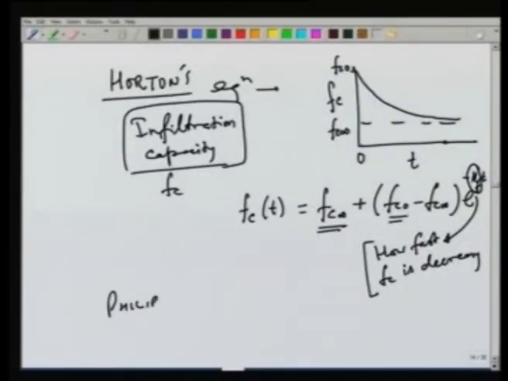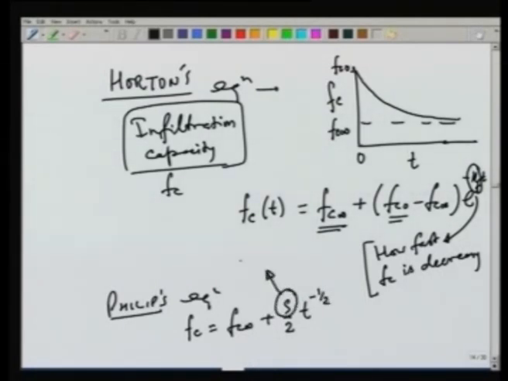There could be other equations. For example, there is an equation which is known as Phillips equation, which also relates the variation of f with time and is given as F c equal to F c infinity plus S times t to the power minus half. S is another soil property which is known as sorptivity.